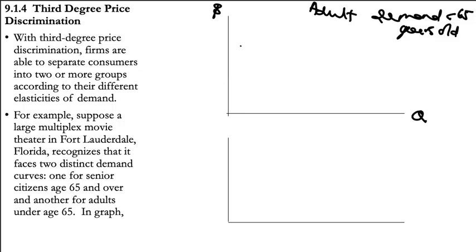Okay, so let's say I draw it this way. So this is the adult demand curve given by PA equals 10 minus 1/10 QA.